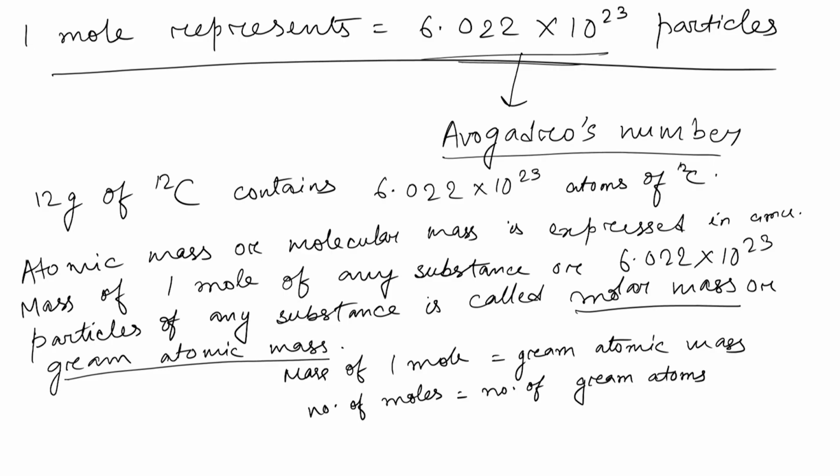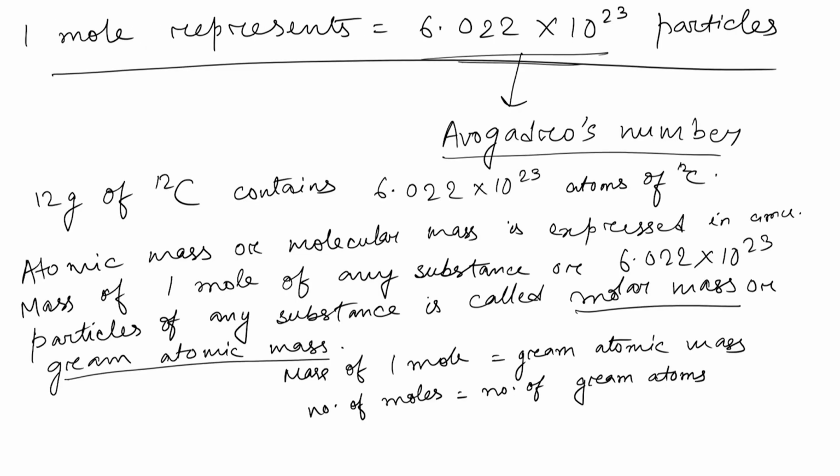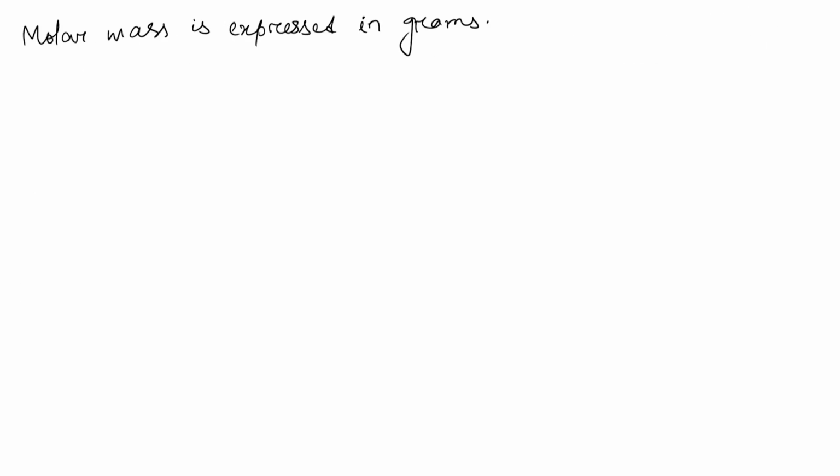Now, why is it called gram atomic mass? Because molar mass is expressed in grams. We were discussing the atomic mass or molecular mass in AMU, the atomic mass unit, but the unit of molar mass is grams.